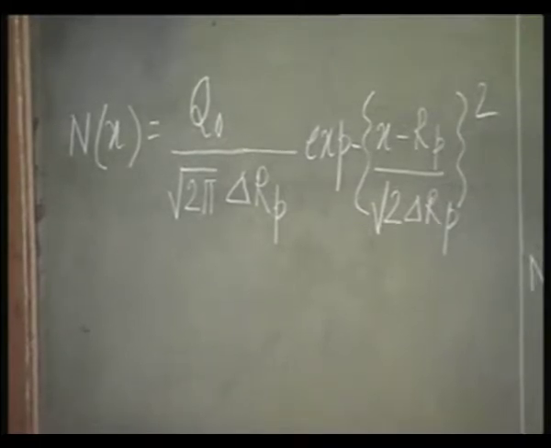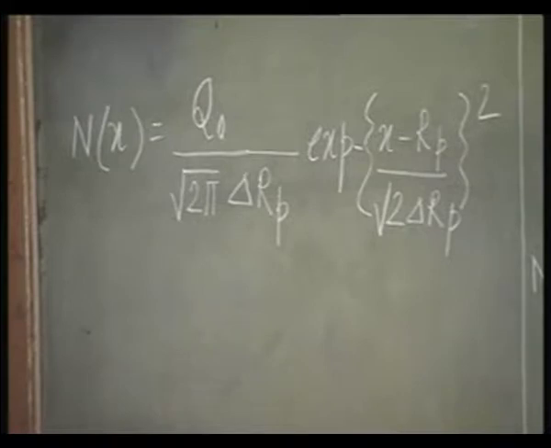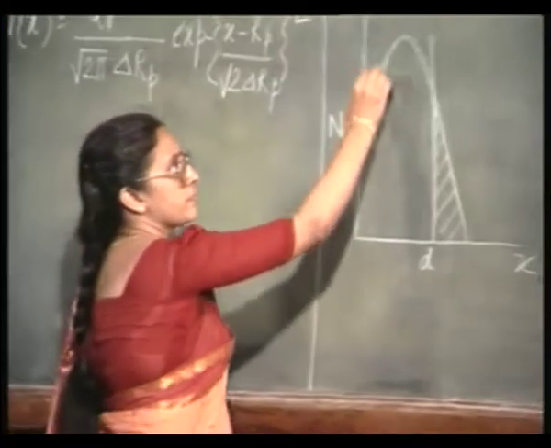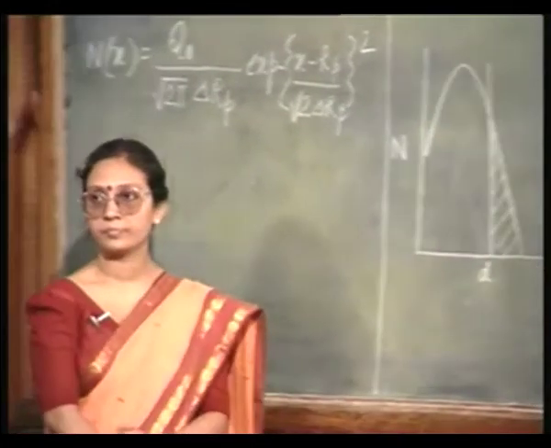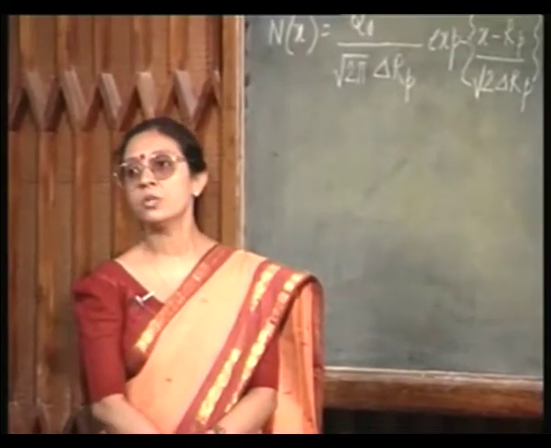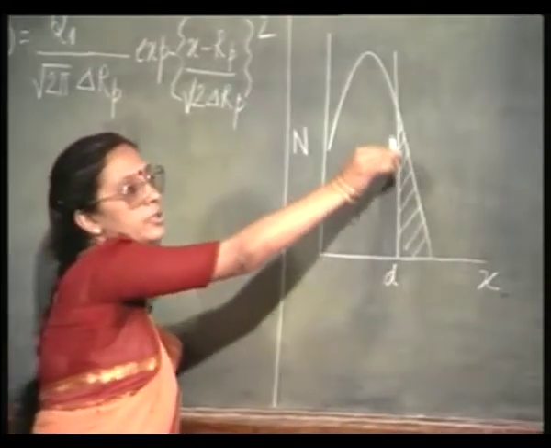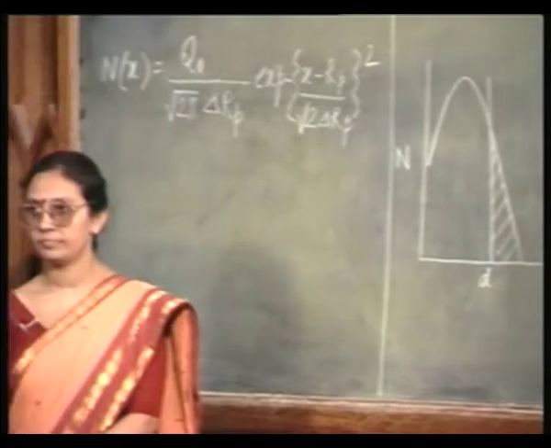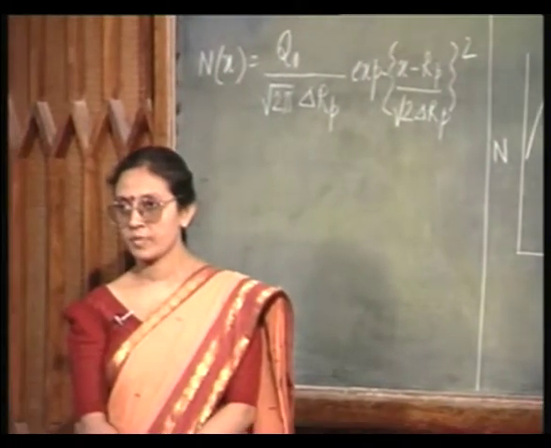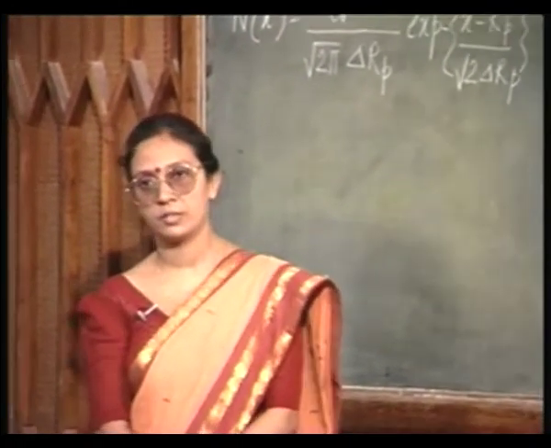This Gaussian distribution is for the implantation doping profile, that is this curve. Then what is the value of this hatched region? What is this hatched region?